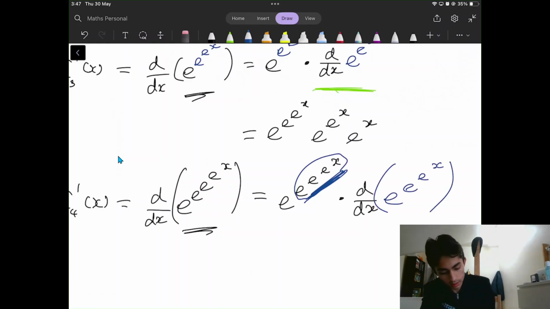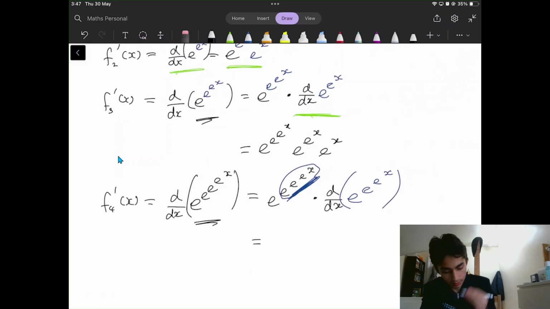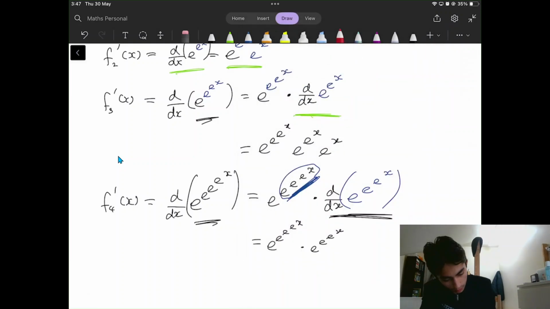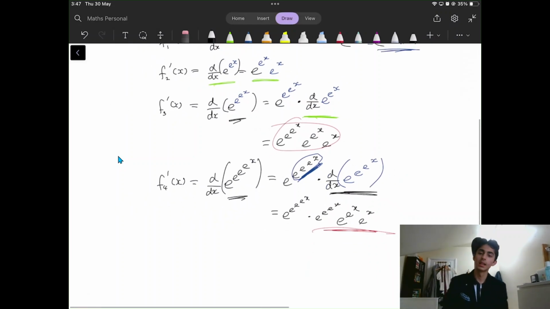Luckily for us, we already know the derivative of this because we've already done that. That's just the derivative of f3, okay? So we end up with all this stuff times what we got over here, right? Of e to the x times e to the x times e to the x, right?